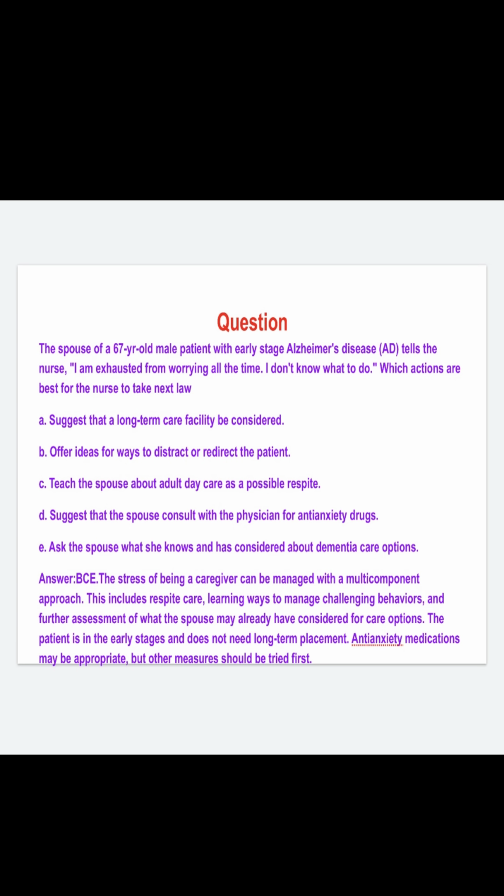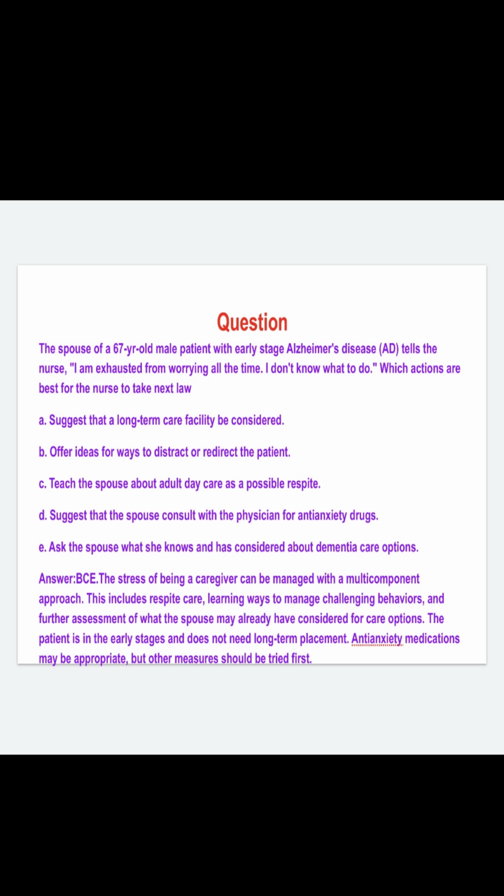Next one is, the spouse of a 67 year old male patient with early stage Alzheimer's disease tells the nurse, I am exhausted from worrying all the time. I don't know what to do. Which action is best for the nurse to take next?